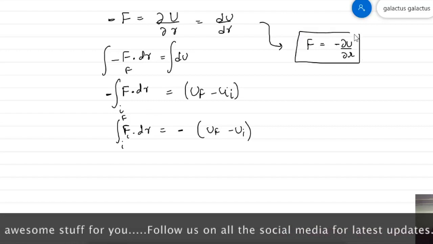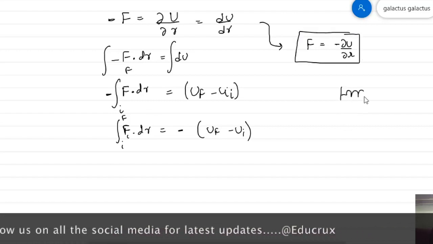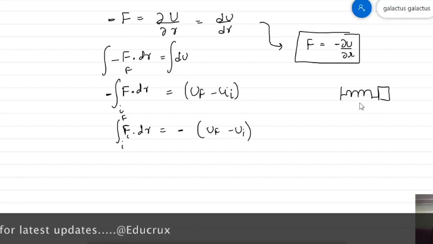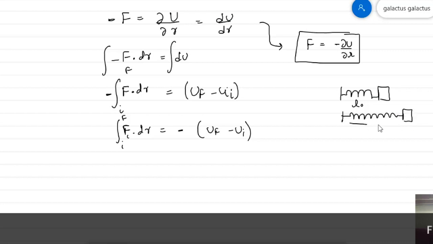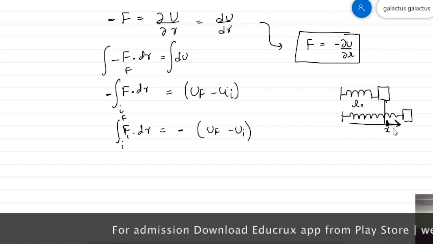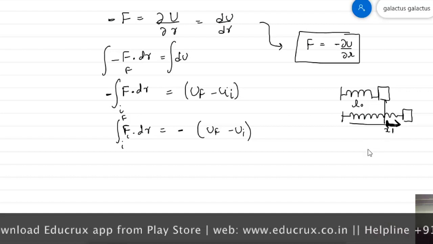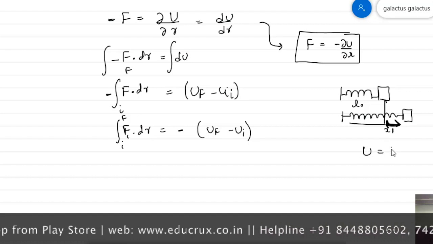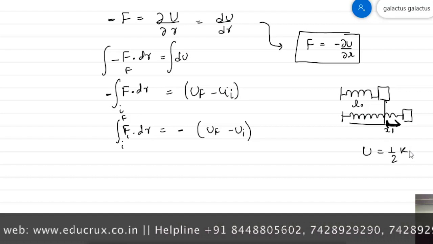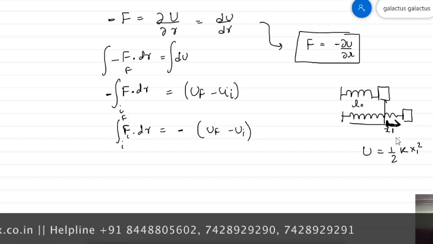So suppose I have a spring that has a natural length L naught, and if I elongate this spring by x1, then the potential energy that is stored in the spring will be half k x1 square.